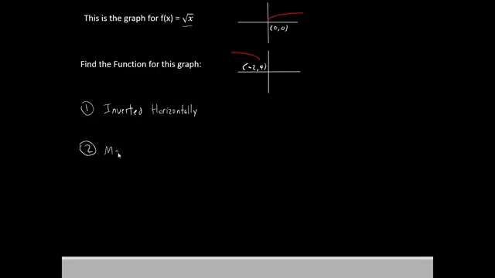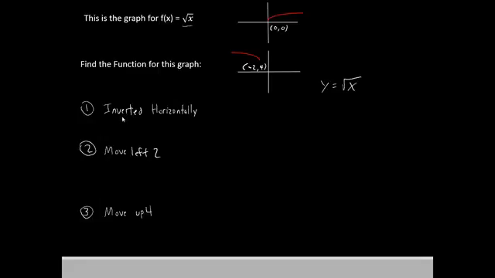So we've moved left 2. And then the third thing we did, we started at y equals 0. Now it's at 4, so we have moved it up 4. Those are our transformations.